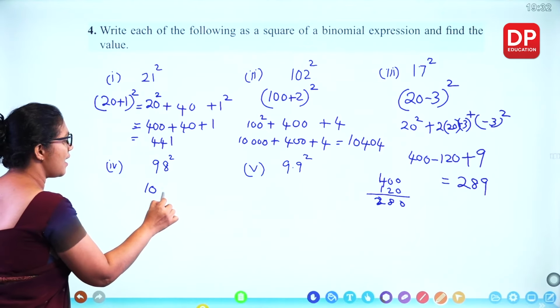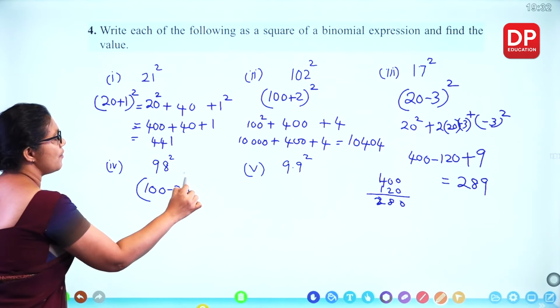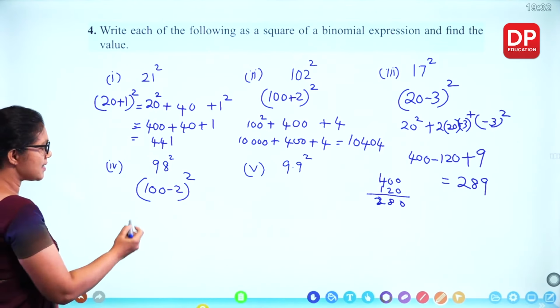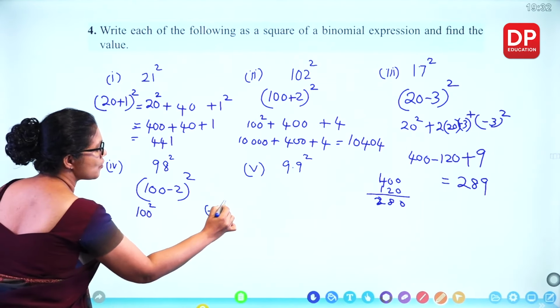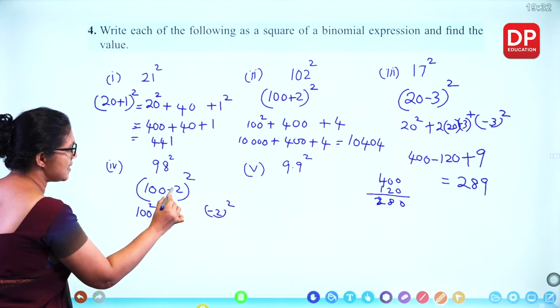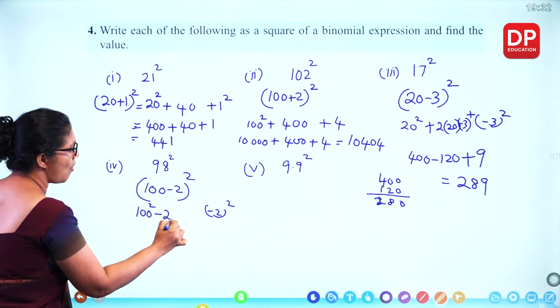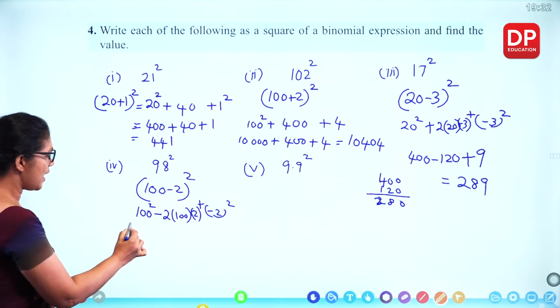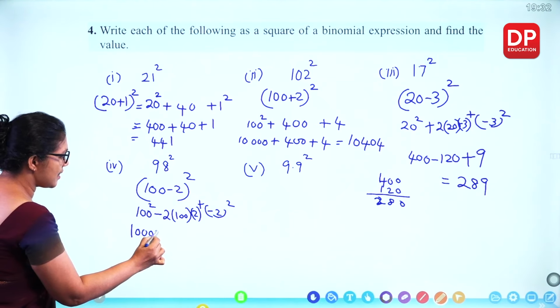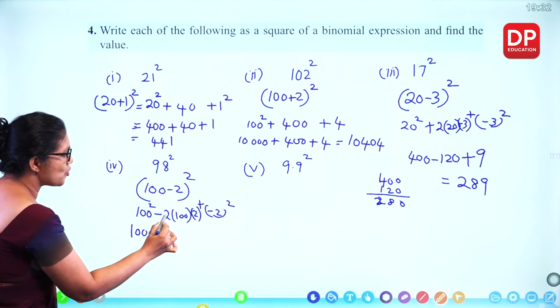Now 98, what's the easiest way to write it? You can write 100 minus 2. It's a square term. So how can you simplify? You get first term squared, last term squared, and the middle term is minus double of 100 times 2. When you simplify, what do you get? 100 squared is 10,000. Times 2 times 2, 4.